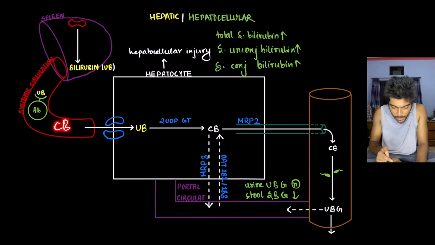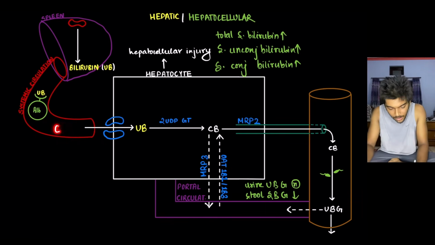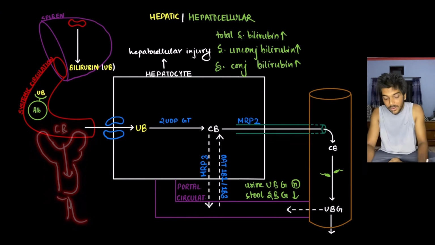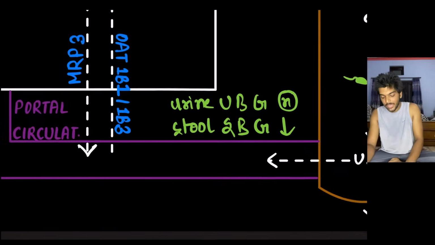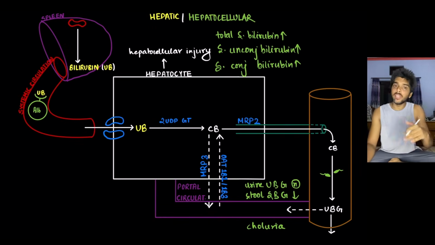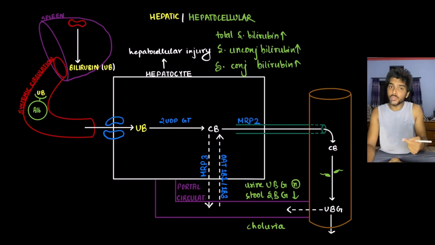So this conjugated bilirubin does get filtered through the filtration membrane and enters the nephron and is visible within the urine, giving urine cola color, referred to as choluria. So there is choluria. Due to choluria, the urine is brown in color, and due to less stercobilinogen, the stool is pale in color. So the patient presents with pale stool and dark urine.